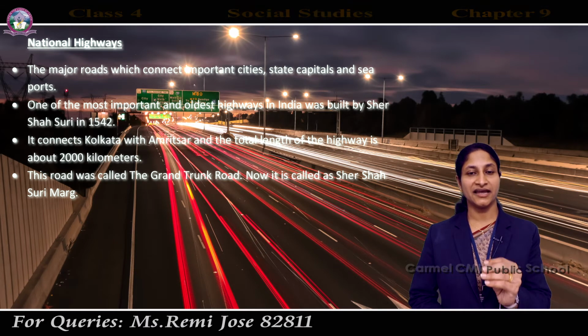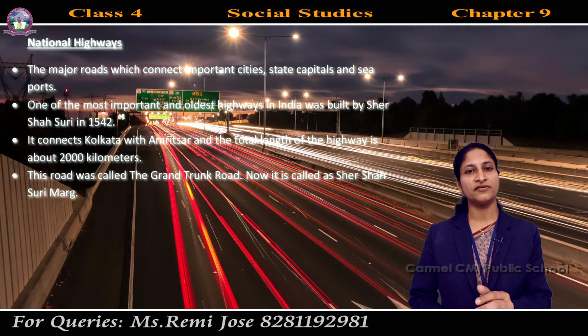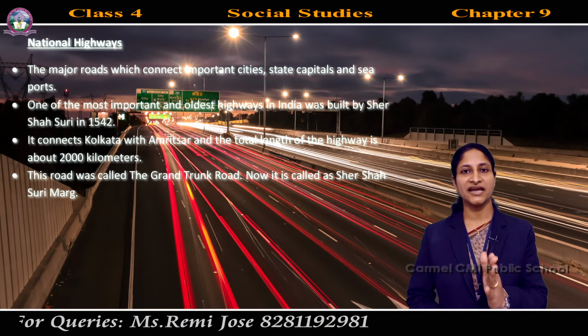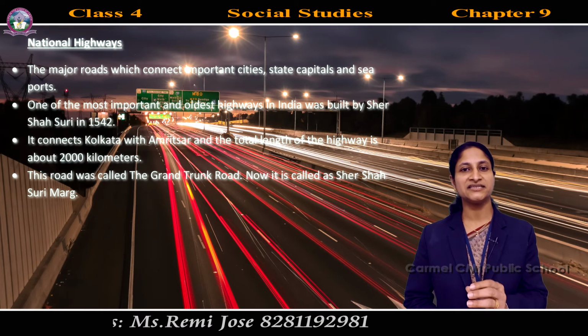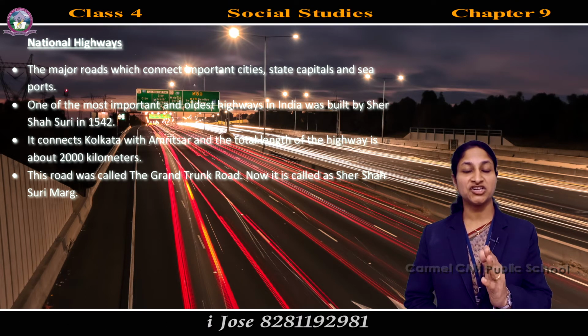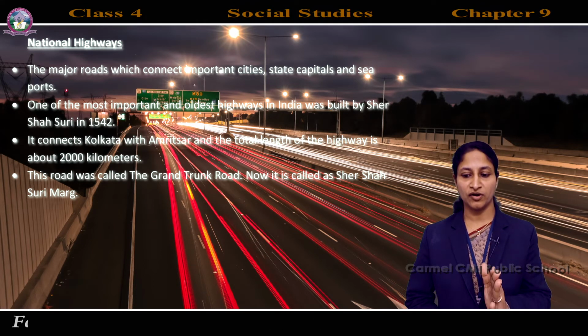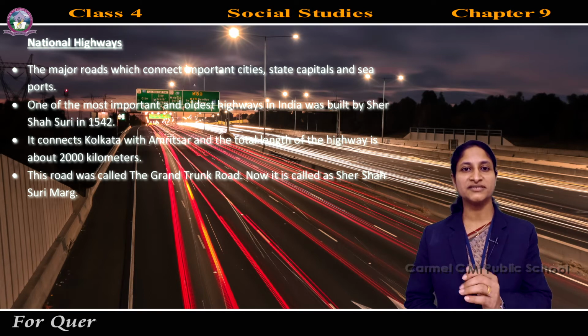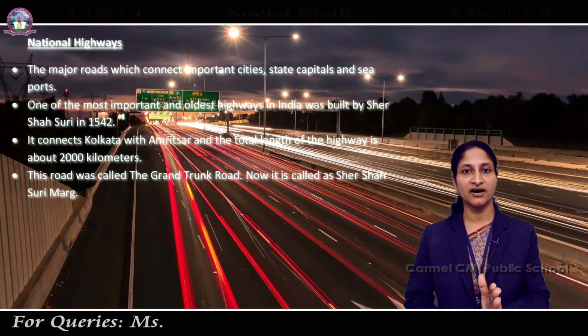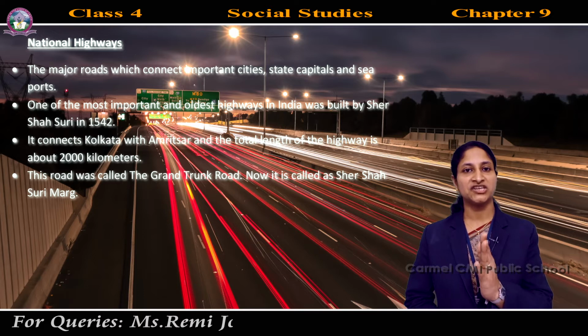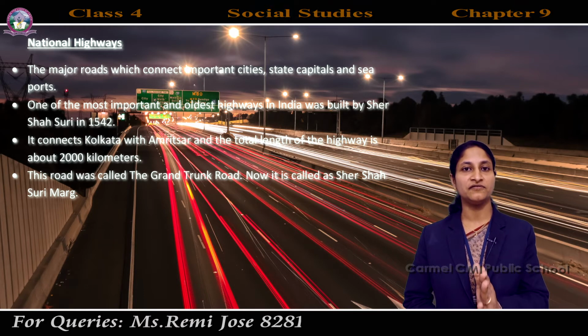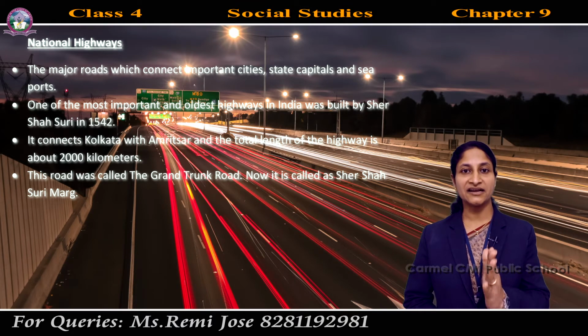Our country has a very large network of national highways. One of the oldest and most important highways in India was built by Sher Shah Suri in 1542, and it connects two important cities, Kolkata and Amritsar.